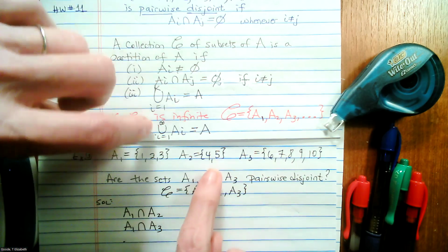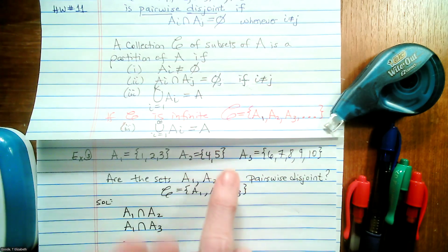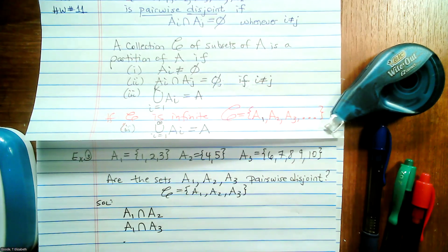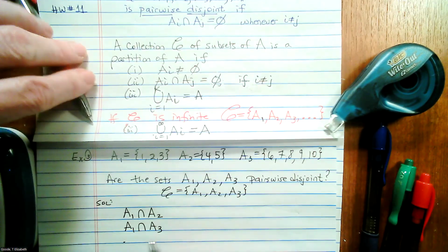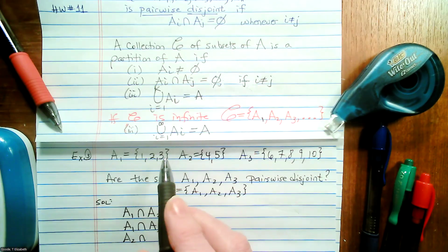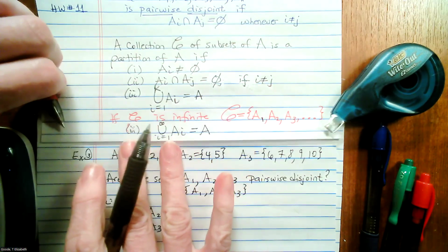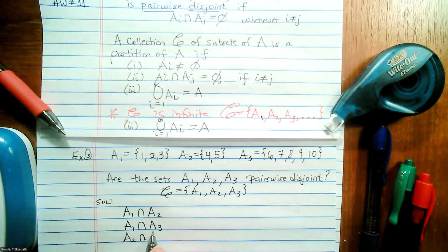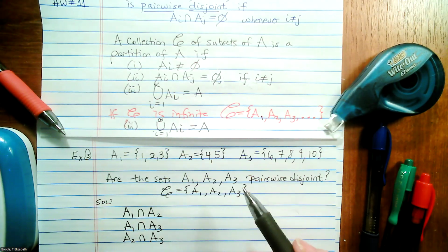So if we say we're going to look at the intersection of these two sets, 2 and 3. You see, because we've got three indexing numbers. Our indexing numbers are 1, 2, and 3, and we're choosing two at a time. It's 3 choose 2.